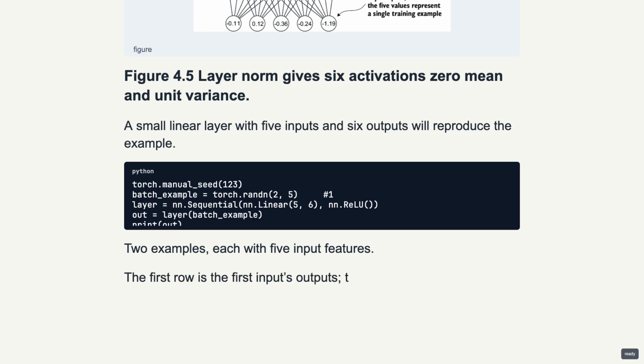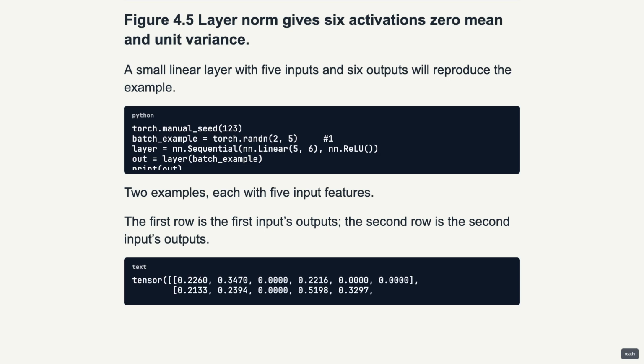Each row now represents one transformed example. Before normalizing, it helps to inspect whether the values in a row are centered and how spread out they are. The zeros come from ReLU, which clips negative values to 0.